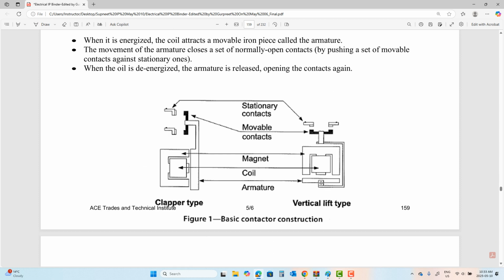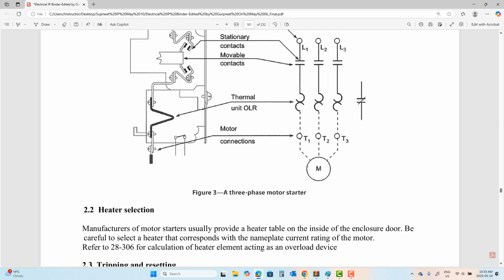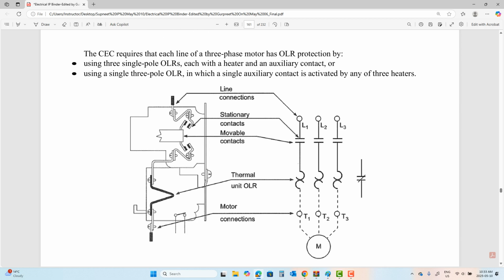In this chapter, the only thing you need to know is how a basic motor circuit looks like. So stay with me on this schematic. You have 3 lines going in, line 1, line 2, line 3. You have 3 contacts which are open. Until they close, the motor is not starting. You have 3 OLRs connected to 3 terminals of a 3-phase motor.